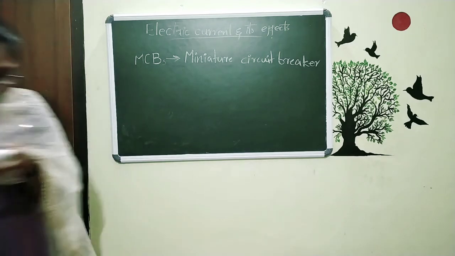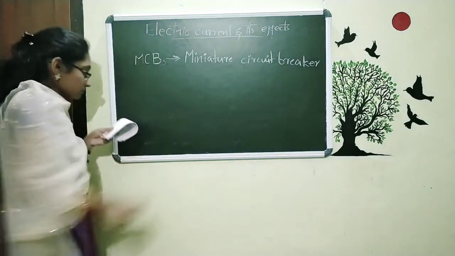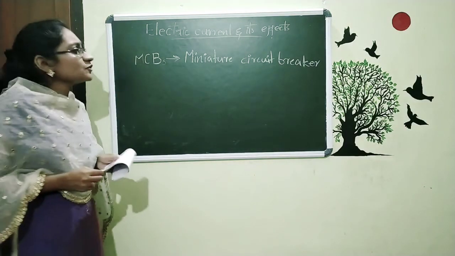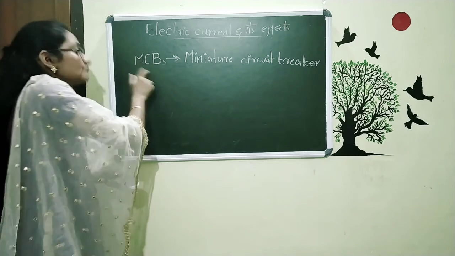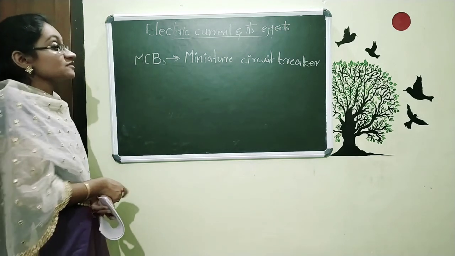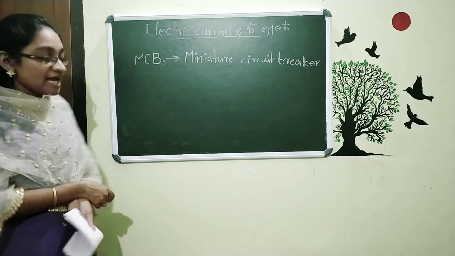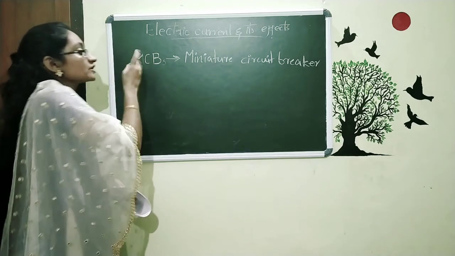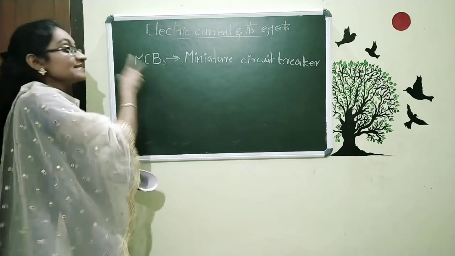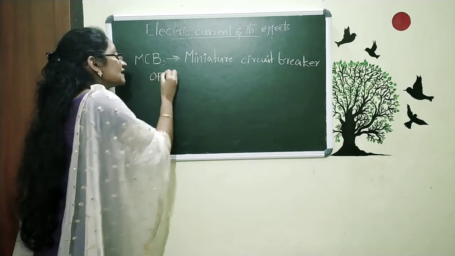In your textbook, figure 14.16 at page number 167, you can see a diagram of this MCB. So what is this MCB doing? When a high amount of electricity is flowing through it, this MCB, having switches, will get off automatically.